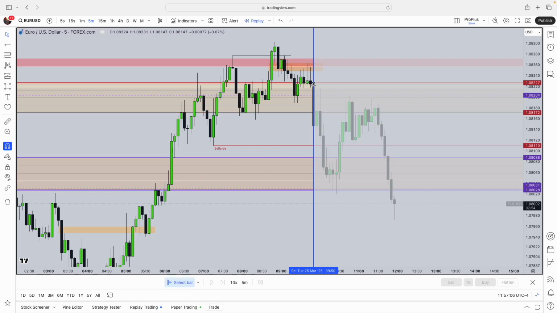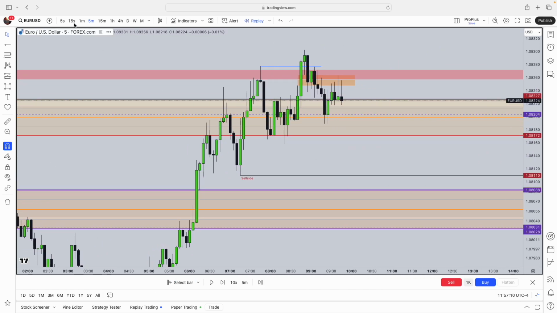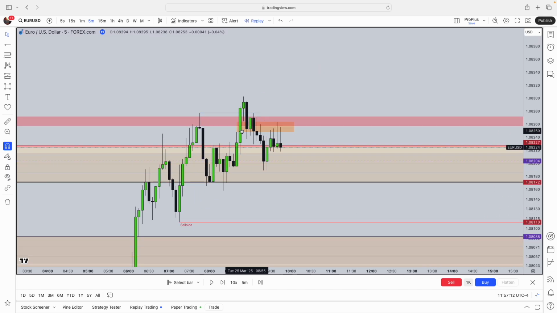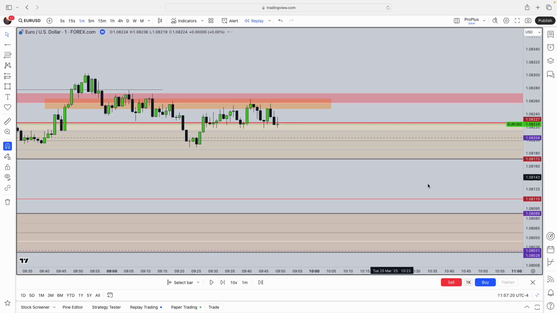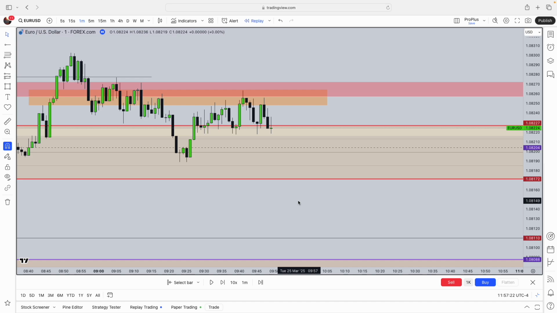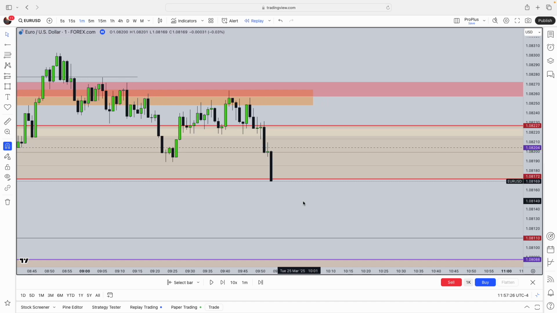So let's go back and see if there was a potential entry. Now the market's tilted its hand to say that it wants to go to the sell side. Let's look on the 1 minute time frame and see if there is a fair value gap. We want to see displacement.